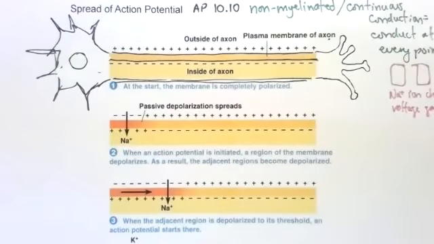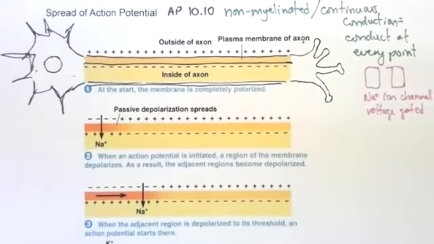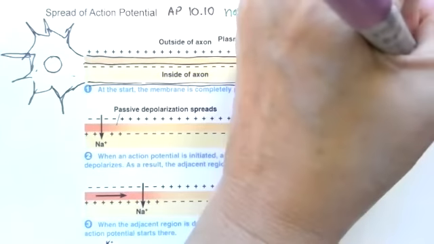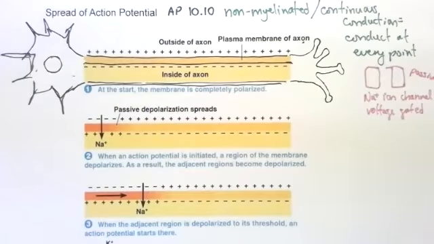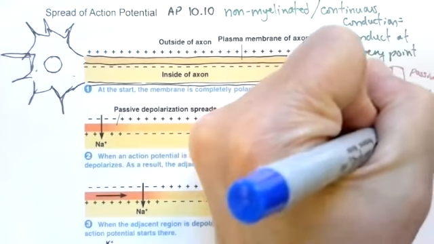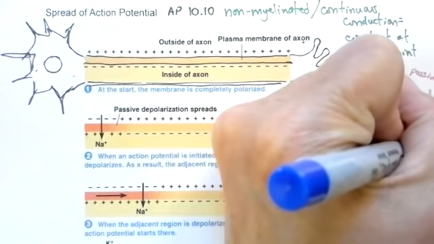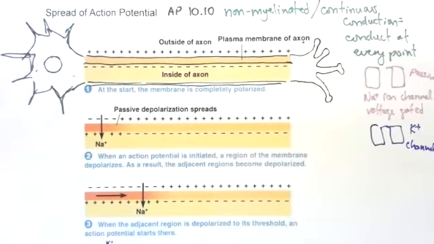This isn't the sodium potassium pump. This is passive. And instead of dark purple, I'm going to make blue potassium channels, so that we can really see the difference.